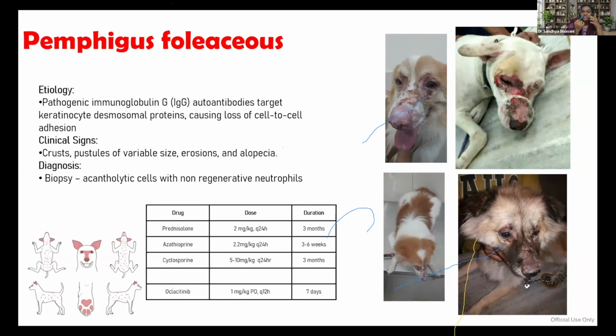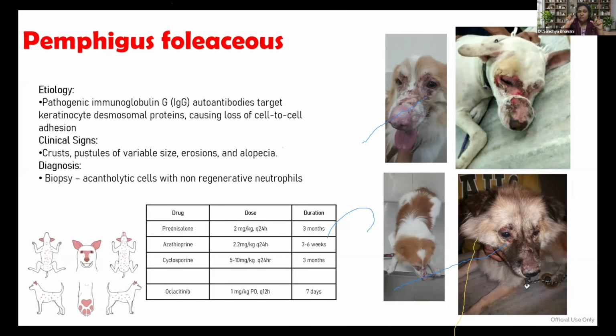Only the facial lesions around the eyes are seen, and only the topmost layer of the epidermis is affected. In pemphigus foliaceus, the epidermis is affected, but a little bit deeper. You can see subcorneal pustules on HP, and acantholytic cells will be seen. It is a classic sign.